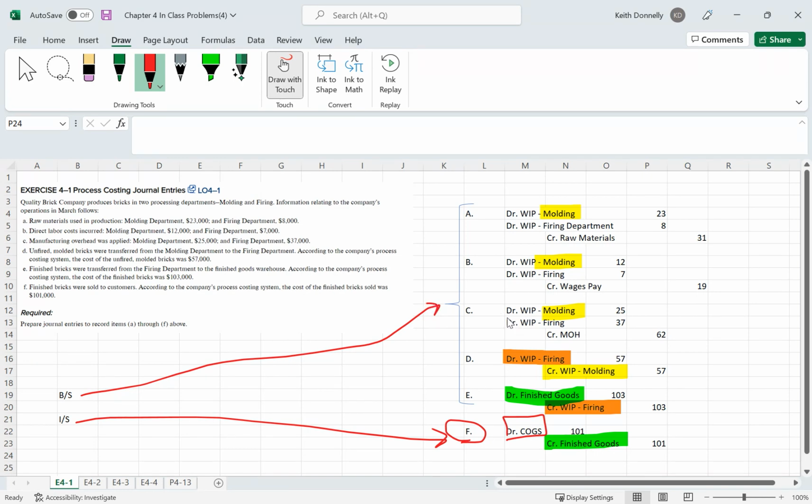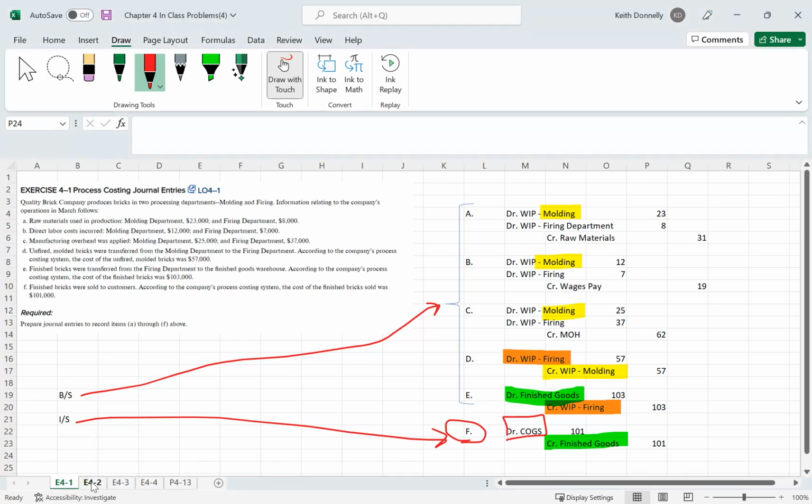Once it finishes in one, it goes to the next, goes to the next. At some point, depending on the nature of the business, there could be 2 process departments, there could be several. At some point when you finish the product, then it goes to finished goods. Then when you sell it, it goes out of finished goods and you take the expense. Okay?